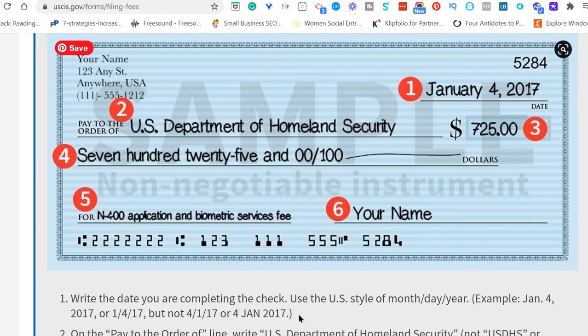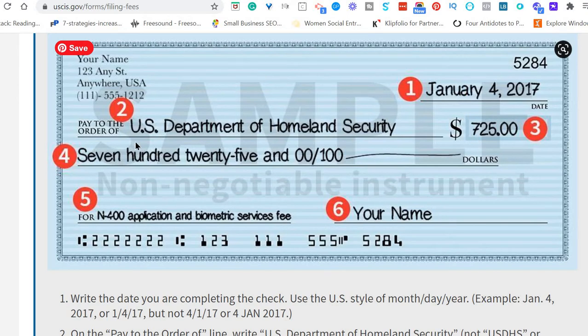So basically what I will do, since I have a dependent and I've already calculated our joint fees, so 2 times biometric fees and 1 time the application fee, which is $595, and 2 times 85 for biometrics. So total is $765.